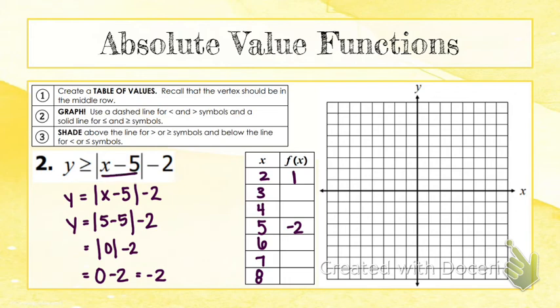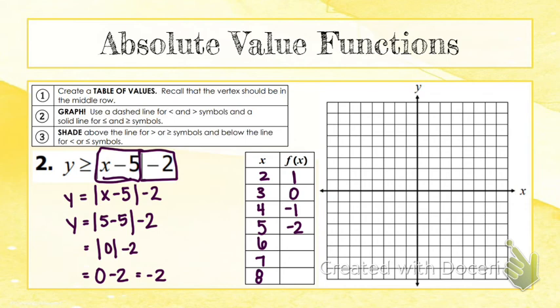So 3 minus 5 is negative 2. The absolute value of negative 2 is positive 2. Positive 2 minus 2 is 0. All right, 4. 4 minus 5 is negative 1. The absolute value of negative 1 is positive 1. Positive 1 minus 2 is negative 1.